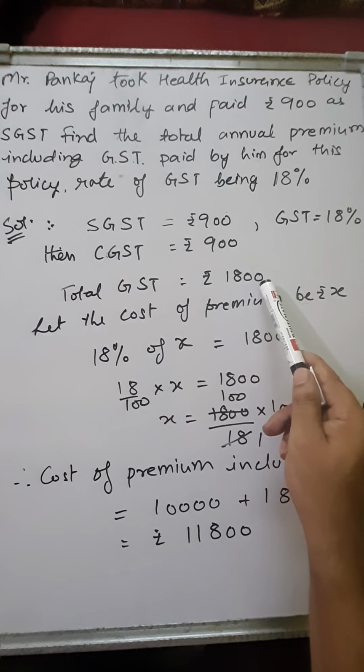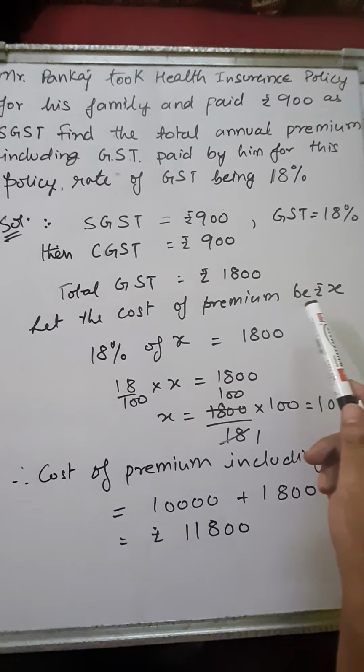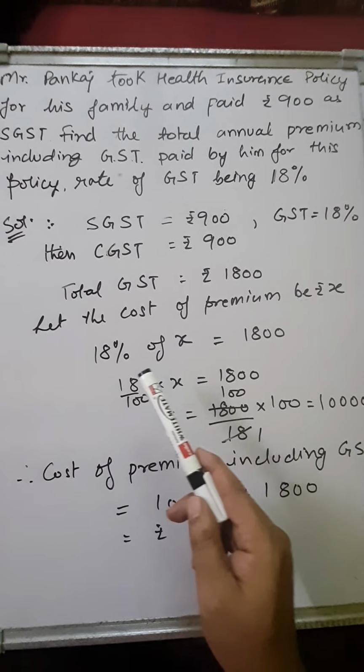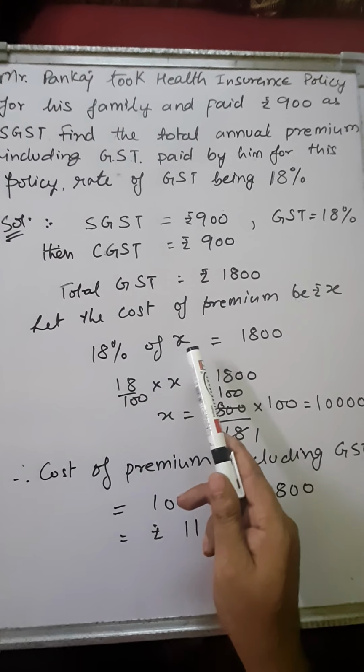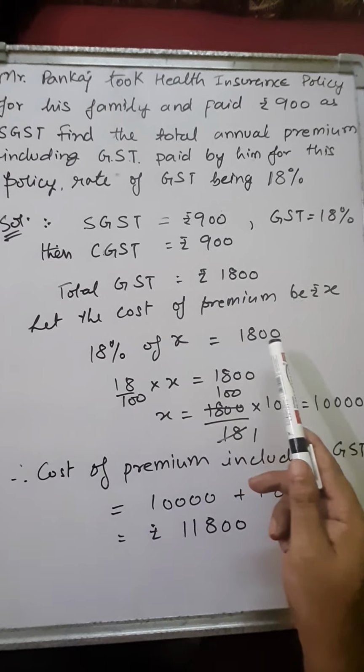So the total GST will be 1800. So the total GST charge will be 1800. So we'll assume the cost of the premium to be rupees X. So when the cost is X, 18% of X, 18% is the GST, 18% of X is 1800.